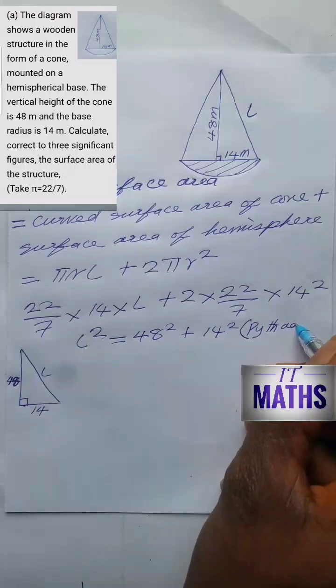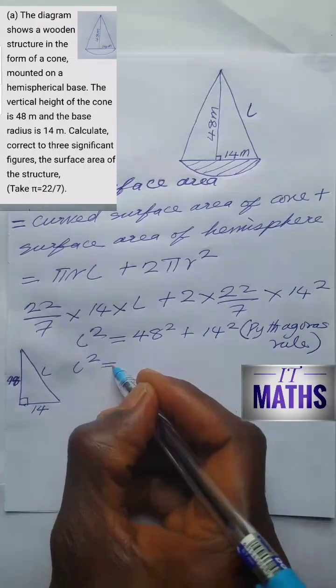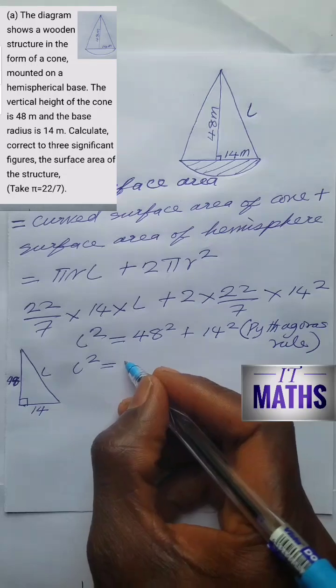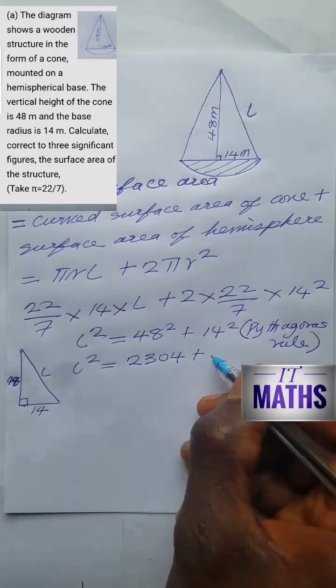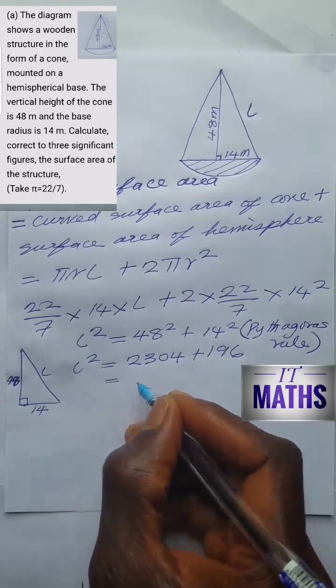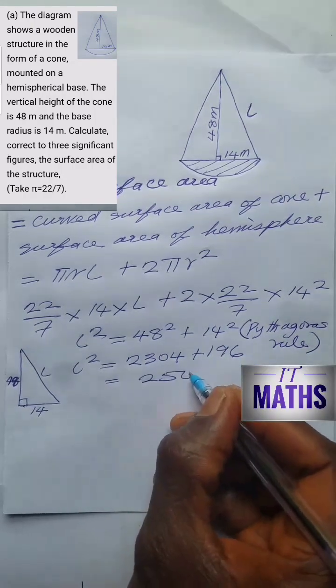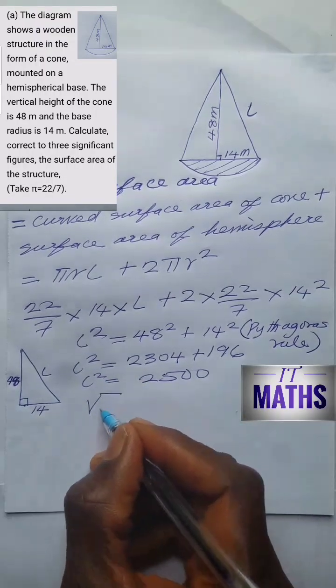Okay, so let's solve this now. L squared is equal to what's 48 squared? Punch your calculator. That's 2304, plus 14 squared, which is 196. Adding that together we have 2500. Now let's take the square root of both sides.